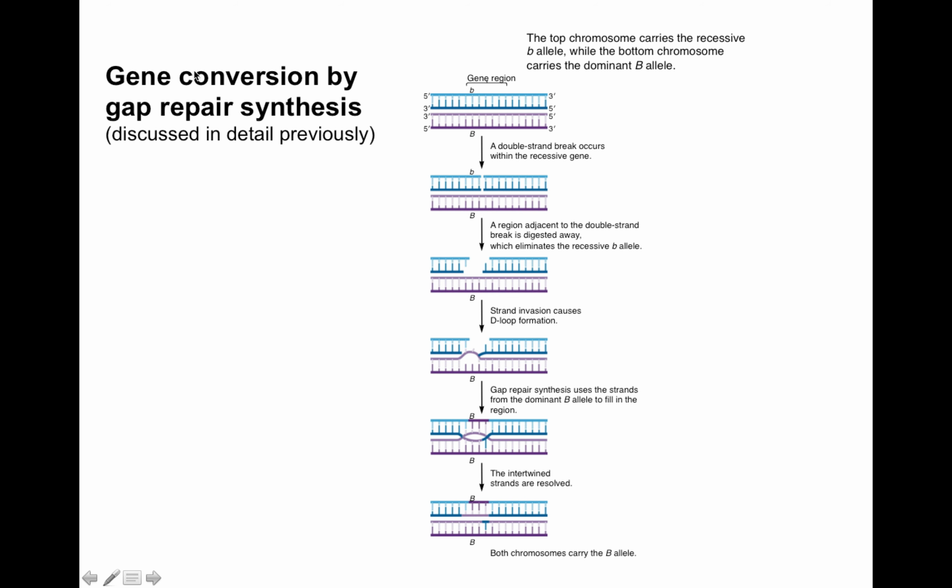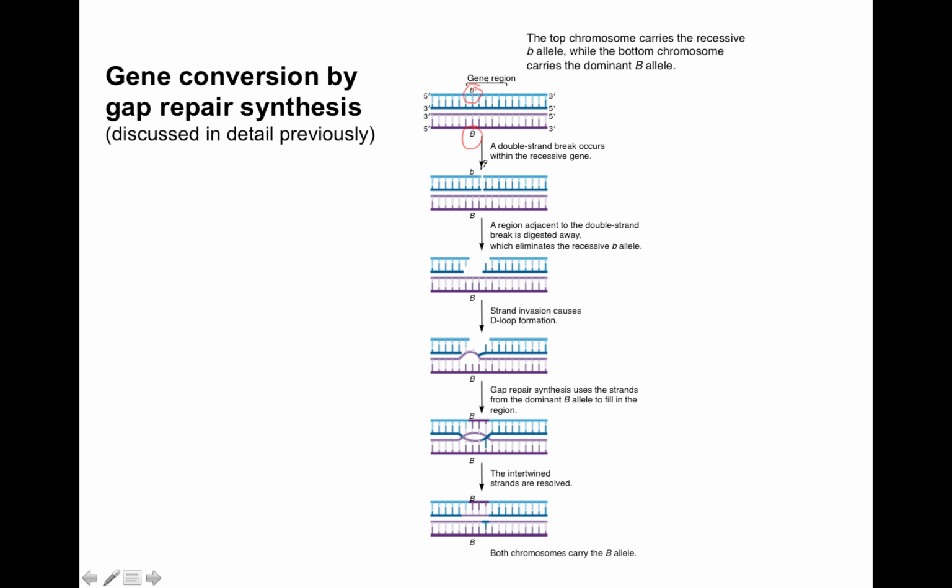Okay, so we discussed gene conversion by gap repair synthesis. We discussed it previously, but we did not pay attention to the possibility that there were differences in alleles. So if you have one allele on one chromosome and the other allele on the other chromosome, it's possible that after the gap repair synthesis, you end up with the same exact allele on both chromosomes. Okay.